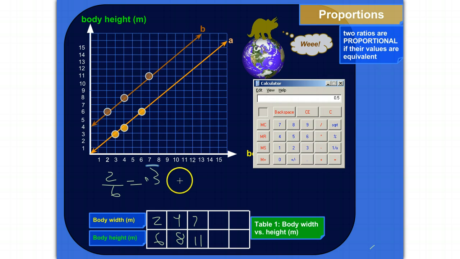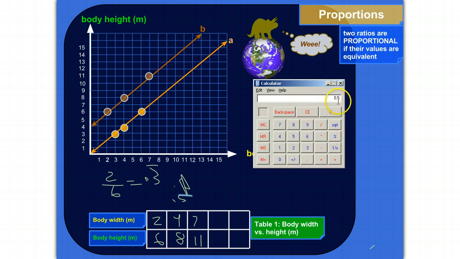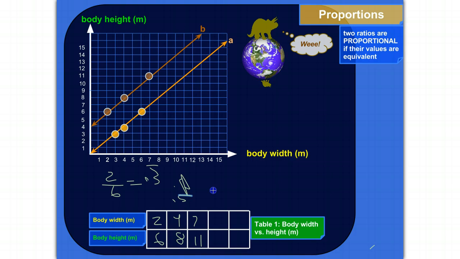It's 1/2. Wow, that's the craziest 5 I've ever seen. So 4/8 is 0.5, and then 7/11ths. I don't know what that one is. 7 divided by 11 is, wow, that's nice, 0.63 repeating.